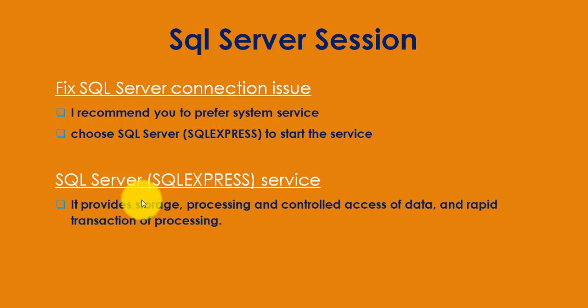You need to choose, as I told you earlier, SQL Server SQLEXPRESS to start the service. And what is SQL Server or SQLEXPRESS service? It provides storage, processing, and controlled access of data and rapid transaction processing.